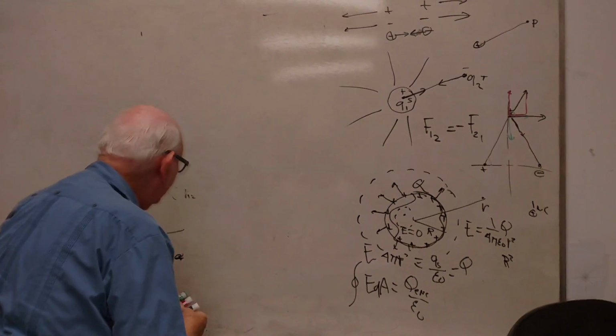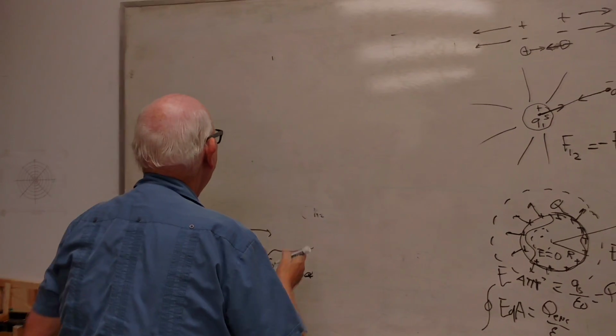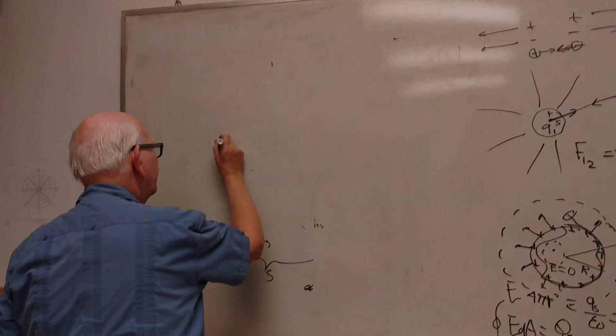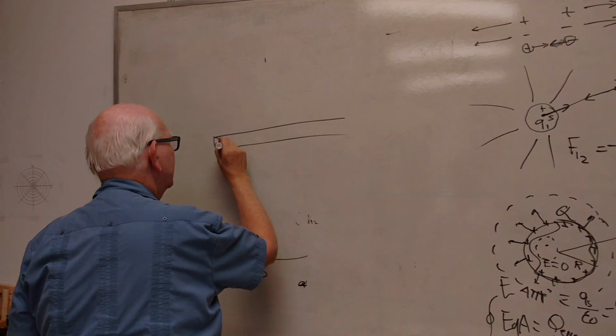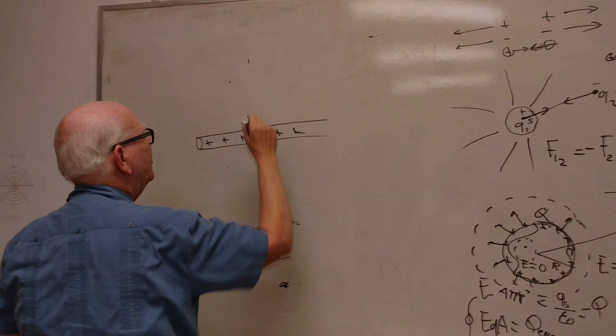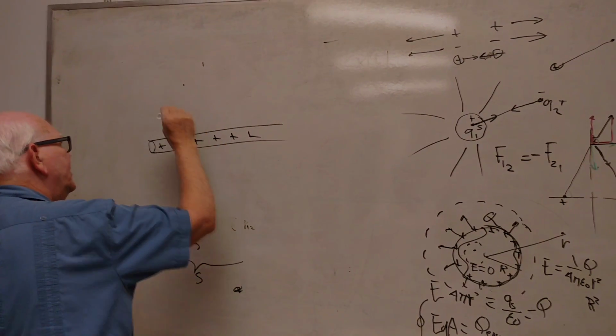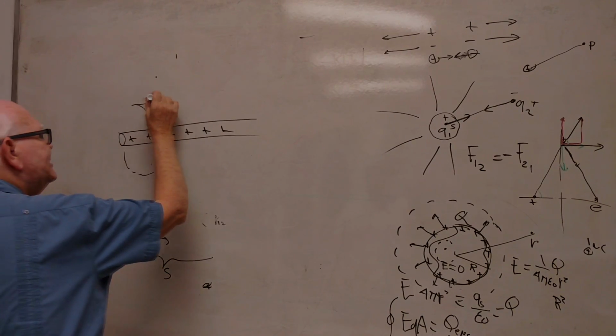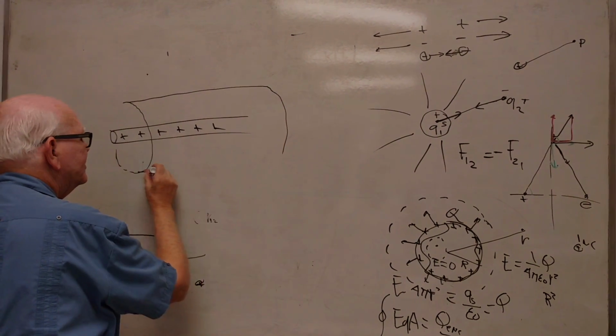The next application is the field of a rod of charges, which I don't know if he mentioned. What is the field here? Or here, whatever. The same thing. You create a Gaussian surface, which is like a cylinder embracing that rod. Okay?